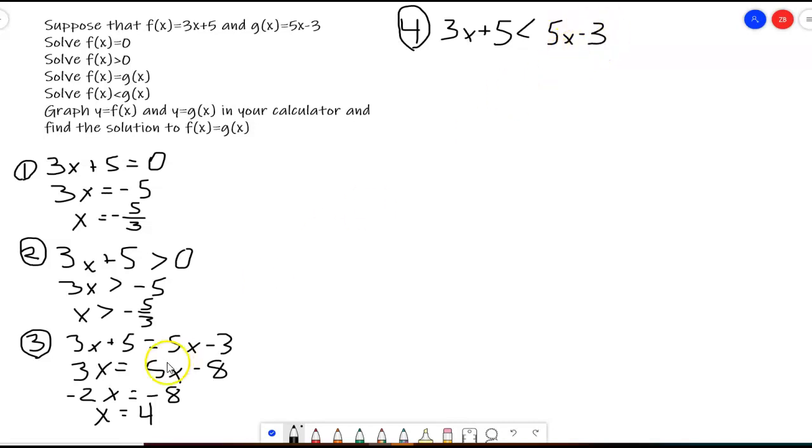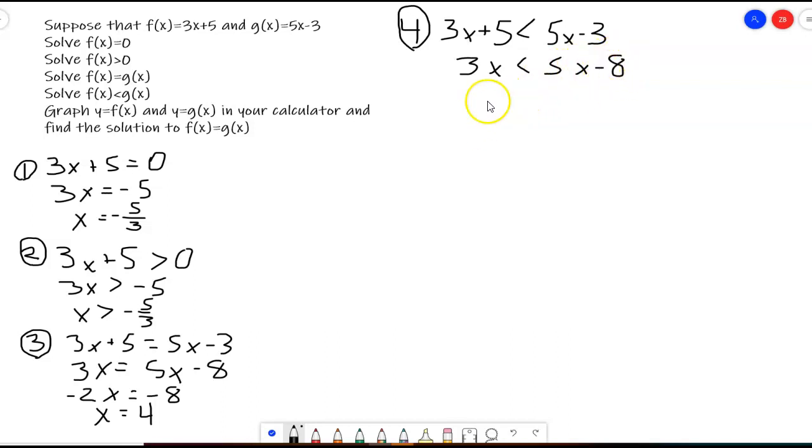For the most part, we can just kind of copy what we've already done here because we've already pretty much done it. We just have to watch out whenever we multiply or divide both sides by a negative number. So the first step is fine. When we subtract 5 from both sides, that is less than 5x minus 8.